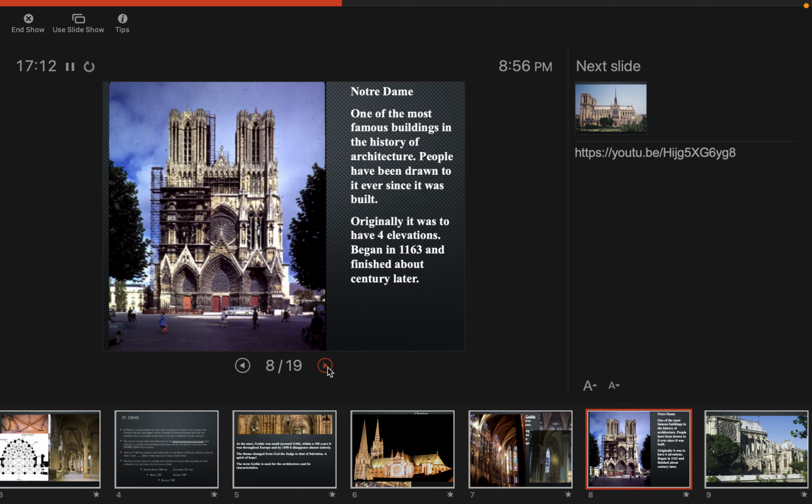And I won't go into too much detail about this, but check out the YouTube video I have linked to know more. Looking on the outside of it, this is kind of new for Gothic, but for the entrances, you have 3 entrances with pointed arches, and we have our rose stained glass with our 2 towers, and then again, emphasis on the vertical.